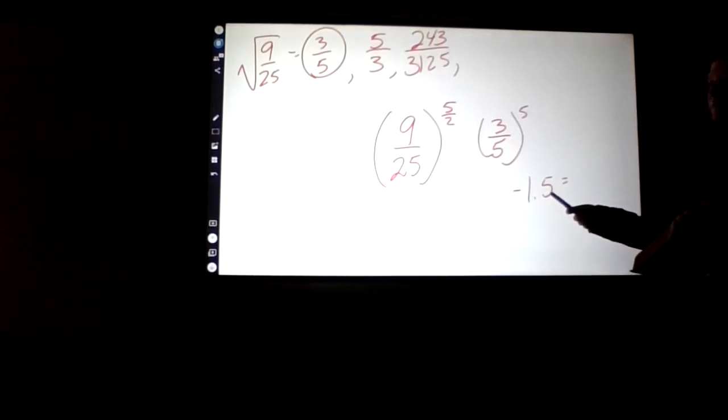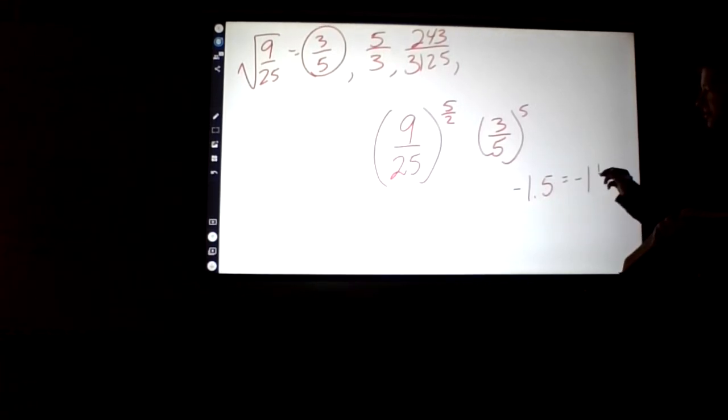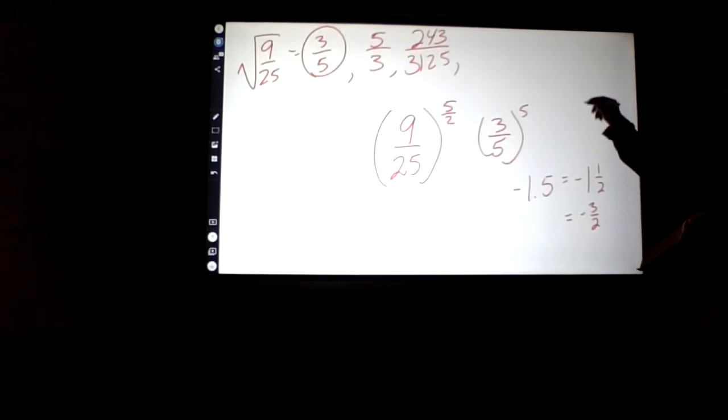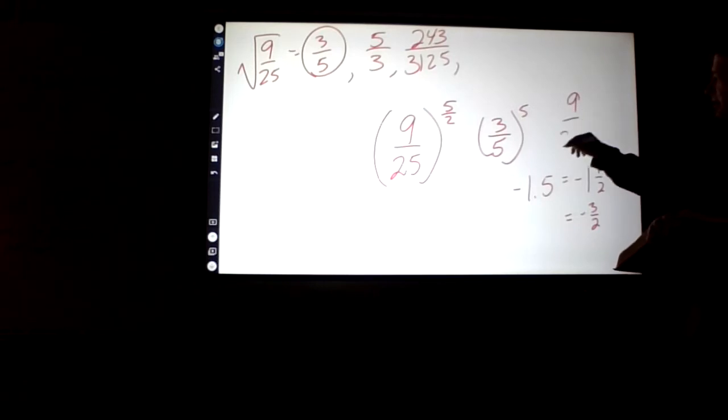What's 0.5 as a fraction? One half. So then negative 3 over 2. Good job, Brady.